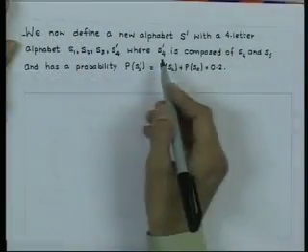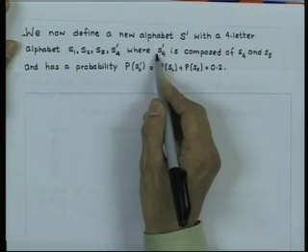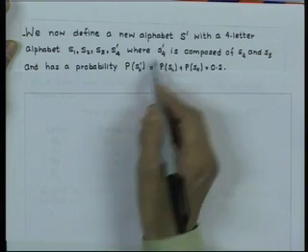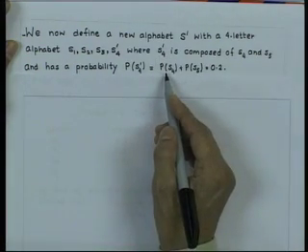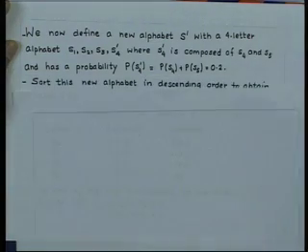So S4 and S5 are at the bottom of the order. So I combine them and get a new source symbol that is called S dash 4. This new source symbol S dash 4 has a probability equal to the probability of S4 and S5, that is equal to 0.2.